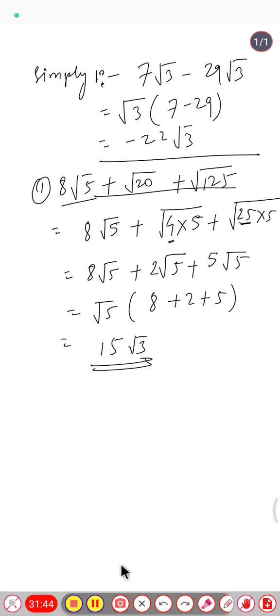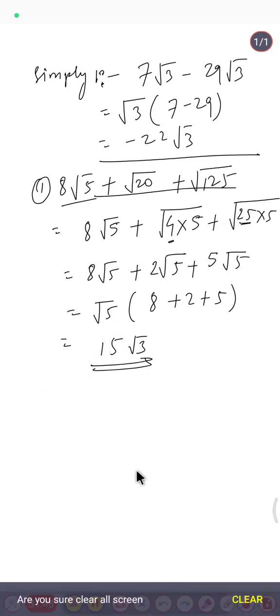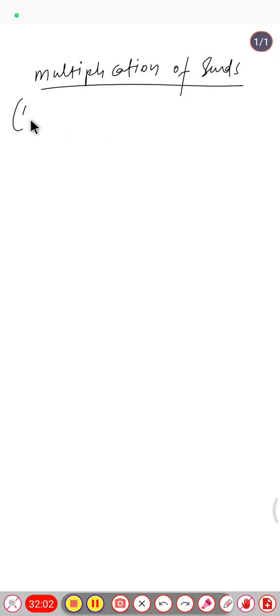Understand? Now our next topic is multiplication of surds. Simplify question number 1: root 7 into root 42. Is it right?